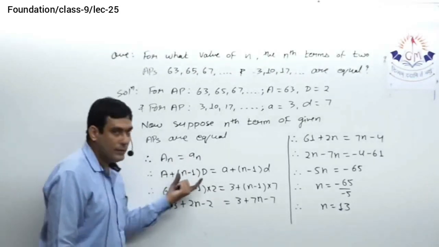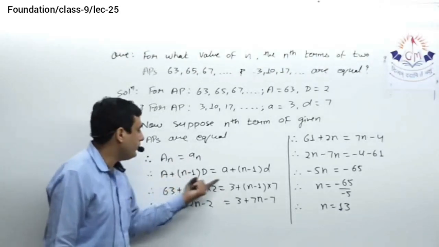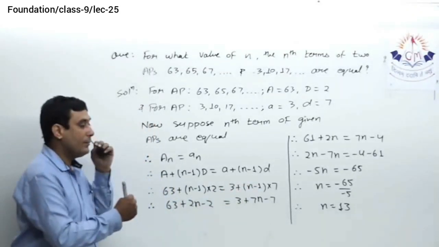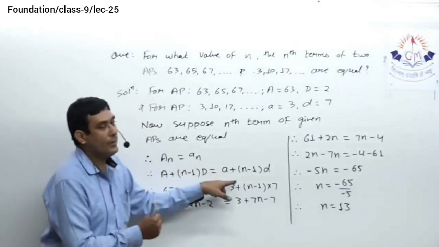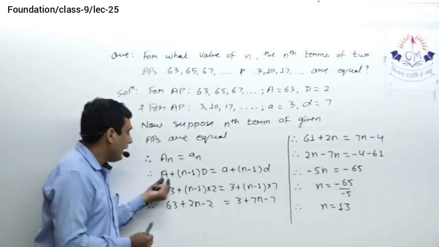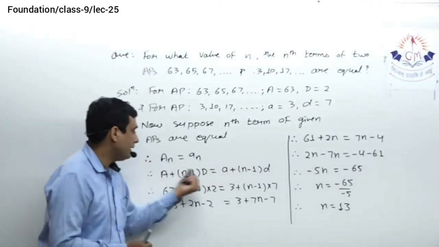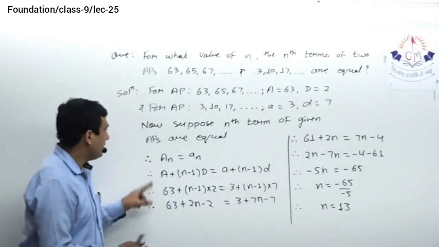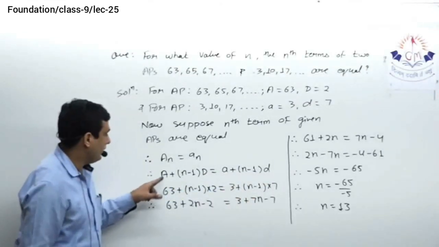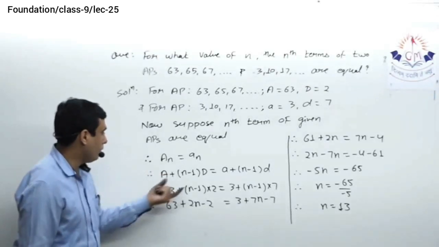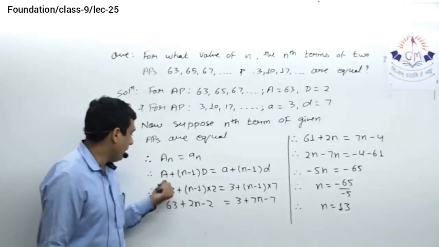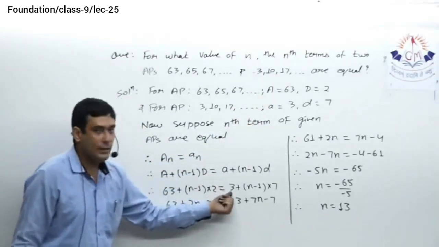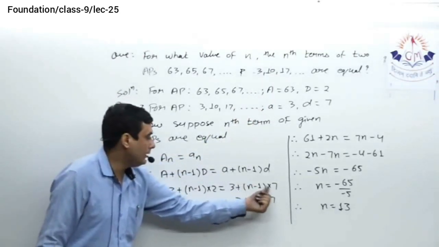Then I just applied the formula A plus n minus 1 into D, and a plus n minus 1 into d. When I say this, I have in my mind that here it is capital A, capital D, and over here small a and small d. Now I put the values of A and D on both sides. Capital A is 63, capital D is 2, small a is 3, small d is 7.